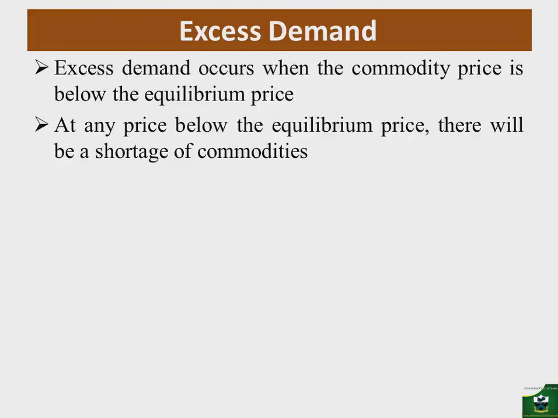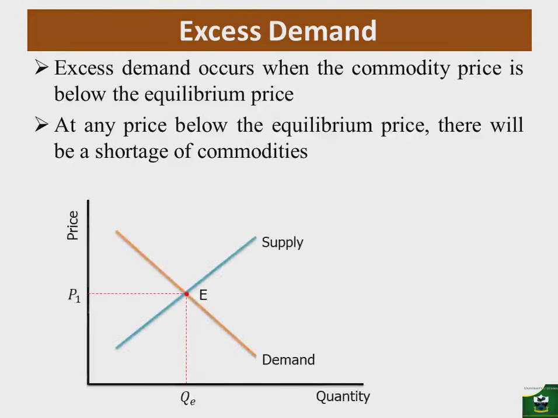So given our initial equilibrium point, point E, where the demand and the supply function meet, with equilibrium price P1 and equilibrium quantity QE, a reduction in price, say to P2, will lead to a shortage in the market.